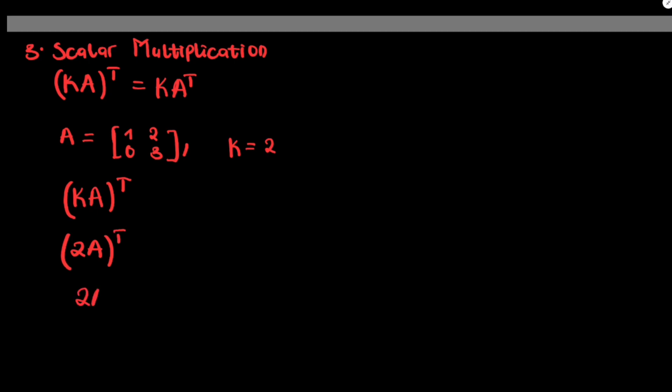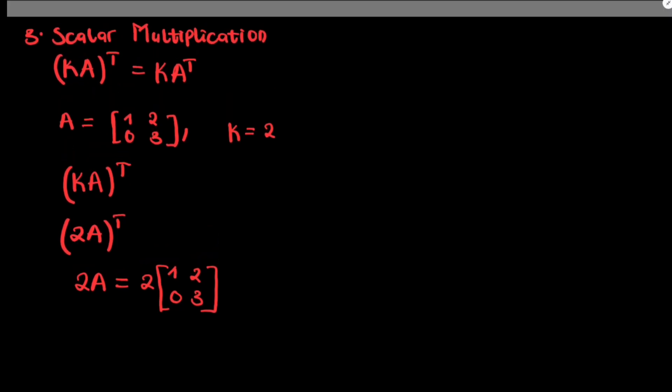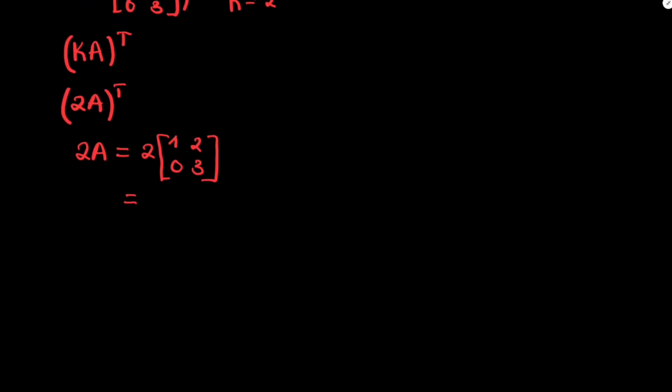So let's have 2A first. It is 2 times the whole matrix. So remember, scalar multiplication, we multiply the scalar by every element in the matrix. So this gives us 2, 4, 0, and 6.